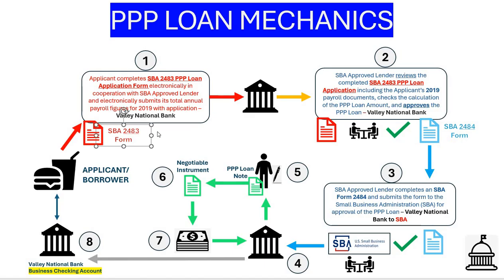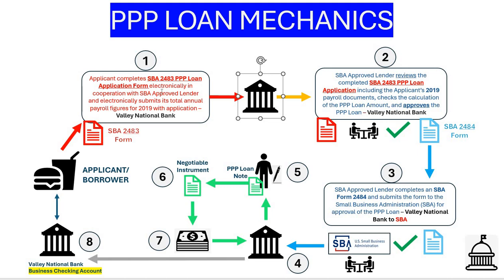The SBA was to administer the PPP loan program, and in doing so, it created these SBA 2483 application forms. The borrower receives the SBA 2483 form electronically from its bank, from the lender.